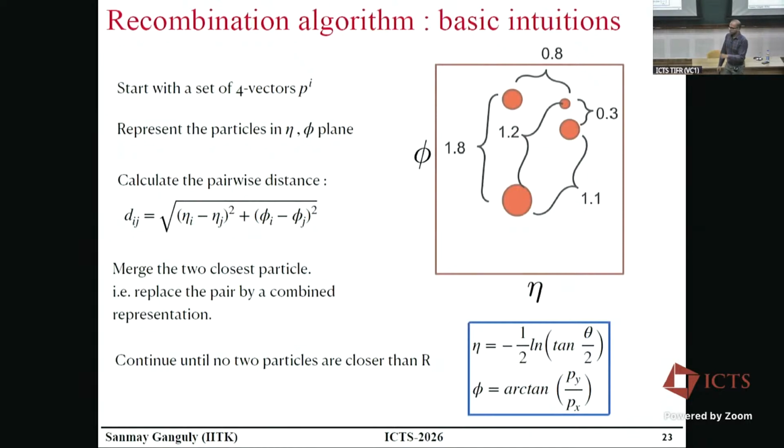No, the precise statement is: if I am given a set of four-momenta, the jet reconstruction algorithm will partition this set to tell what are the subsets of particles which you can club together and call one jet.